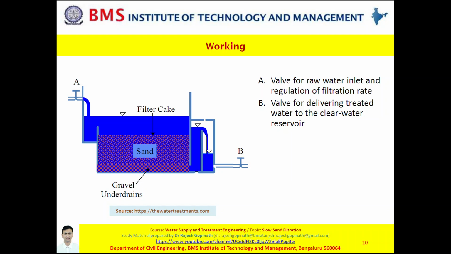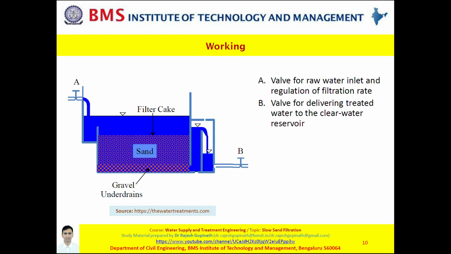From the inlet chamber, this overflow of water enters into the main chamber, that is the filter chamber. It is this filter chamber which comprises your filter media, below it the base media, and below it the under drains. Now, in slow sand filter, the filtration is basically a combination of two mechanisms.